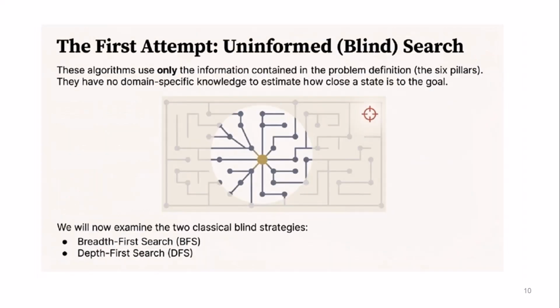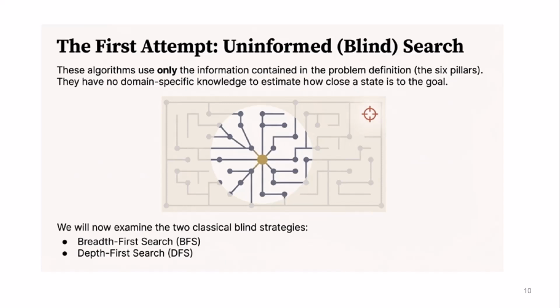Now, because the problem is so vast, our first attempts at search are what we call uninformed or blind search. The limitation is that these algorithms use only the 6 formal components we defined. They have no domain-specific knowledge to estimate whether one path is better than another, so they search blindly.